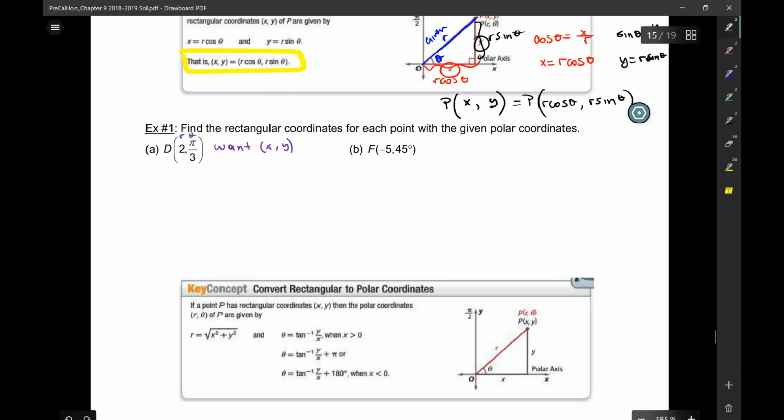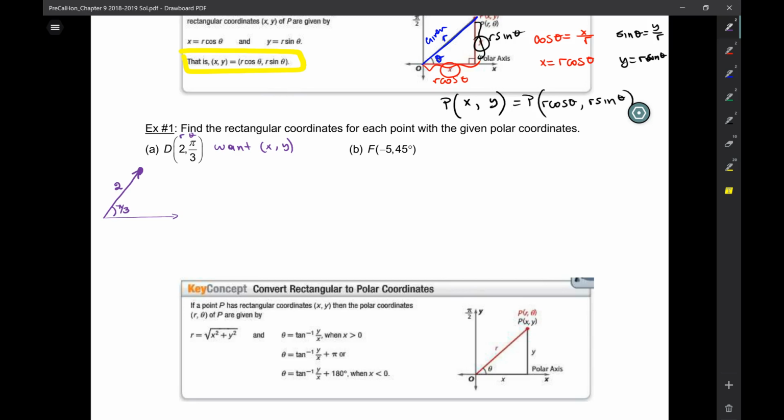If I have a radius of 2 and an angle of pi over 3, and this is the polar axis, pi over 3 is right about here. This is a distance of 2, and the angle is pi over 3. So you see where, in terms of the polar axis, my point lies. Which quadrant is that most consistent with? Quadrant 1.